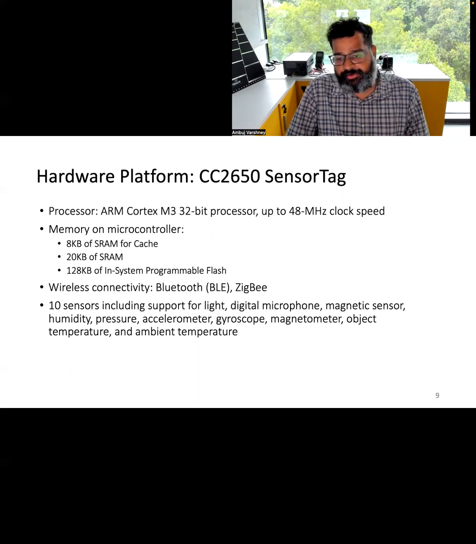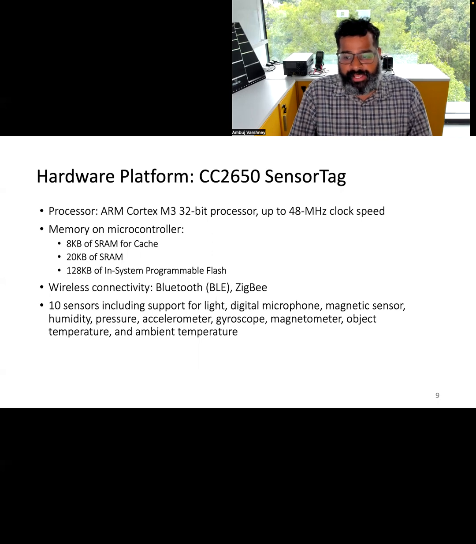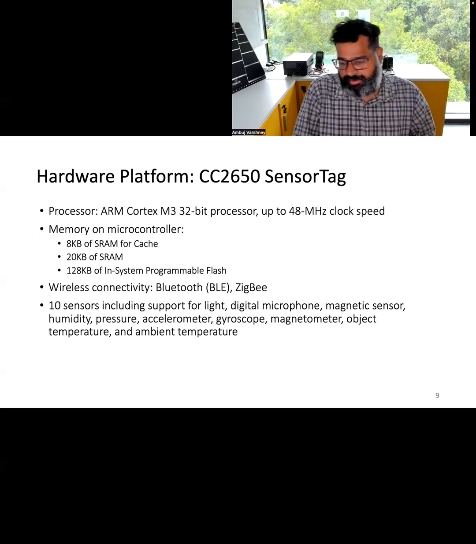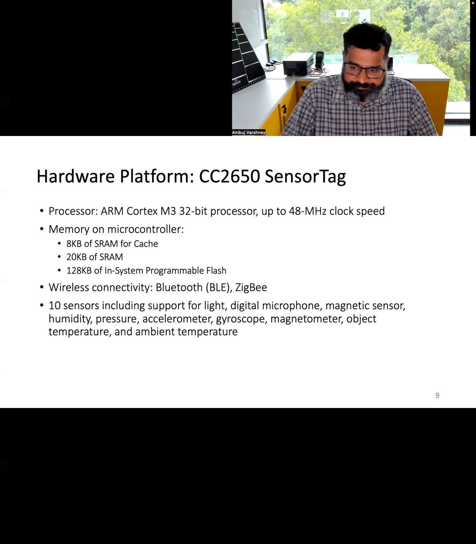Thus, it has radios to support these wireless standards. Furthermore, this platform is equipped with 10 different kinds of sensors, allowing this device to perceive the physical world. These sensors allow you to record speech, look at magnetic readings, temperature, and other such information.